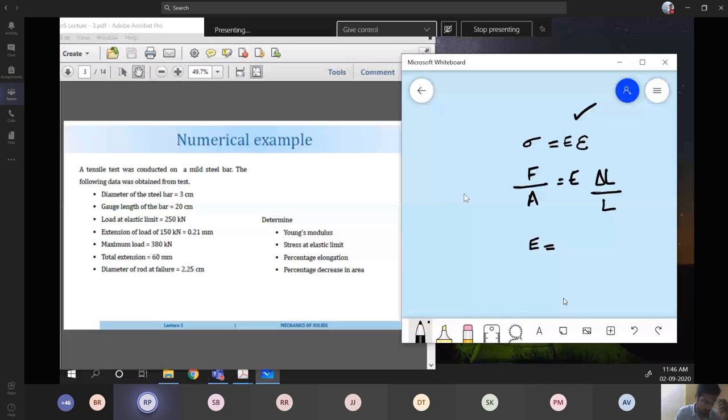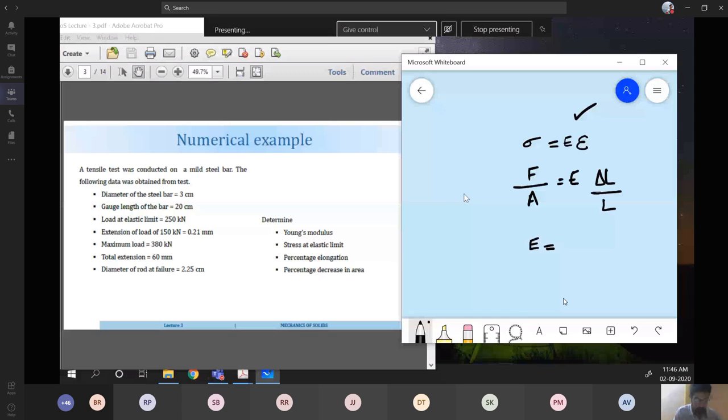Usually we go for the unit of Newton per millimeter square or Pascal. The correct answer is 202.09 into 10 to the power of 3 Newton per millimeter square, and Newton per millimeter square is nothing but megapascal.